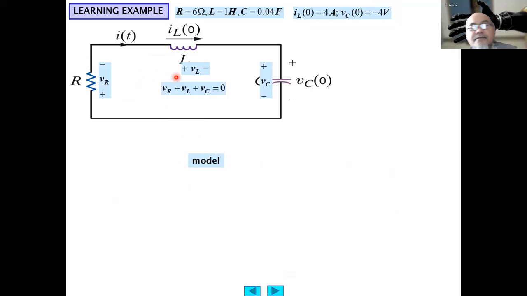We say KVL: VR plus VL plus VC equals 0.